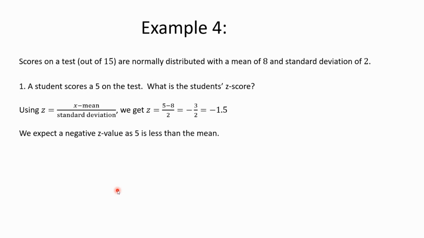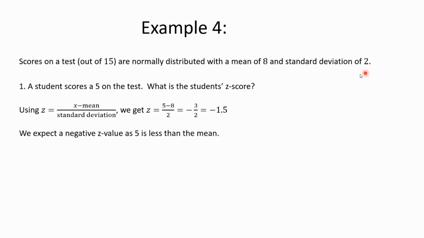So instead of working with those scores directly, we can look at the corresponding z-scores, which makes things a little bit easier. For instance, let's suppose a student gets a 5 on the test. What's that z-score? Well, using the formula here, we replace x by 5. The mean we're given is 8.